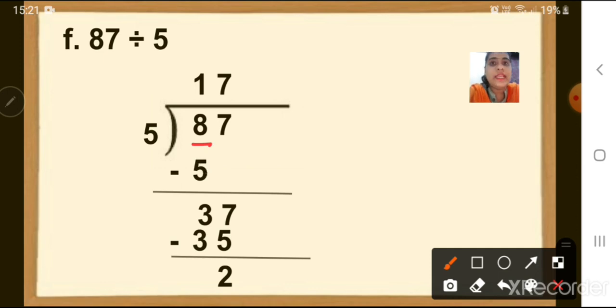So we have to take a nearby number. 5 ones are 5. So 5 is here as divisor. 1 we will write here up, and then 5 will come down. Then we will subtract. 8 minus 5 is equal to 3. You will write here 3.